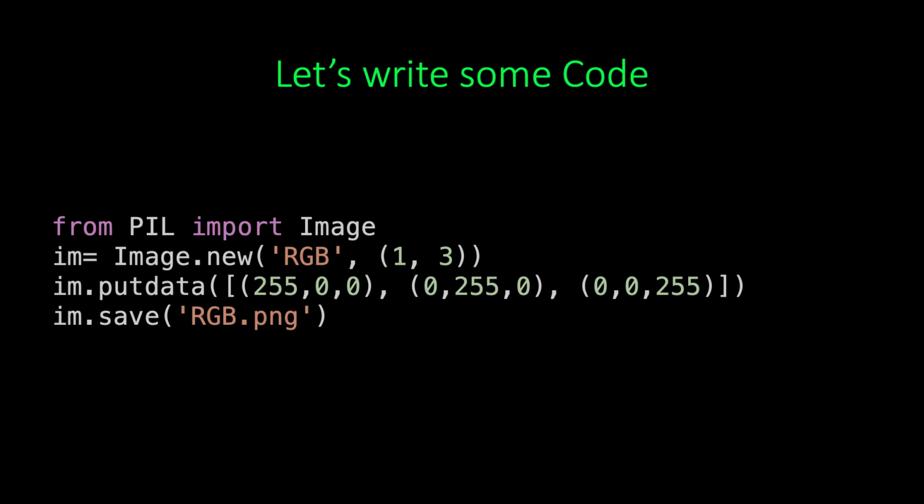So we are saying 1 by 3 columns and rows, and we are putting some data inside the image. We are saying 255 for red, 255 for green, and 255 for blue, and finally we are saving this as rgb.png. So essentially we are using Pillow as a library and putting some data, and finally we should see an image once we open rgb.png, of one column, three rows. The first row would be red, the second row would be green, and the third row would be blue.